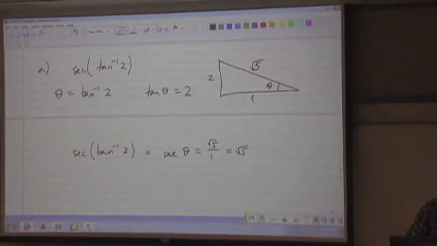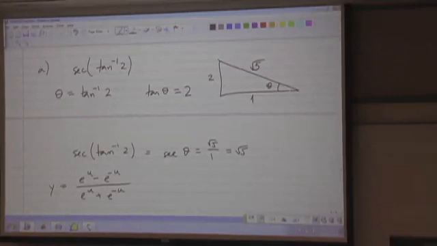Number 30 on 3.3. Okay, so y is equal to e to the u minus e to the minus u divided by e to the u plus e to the minus u.